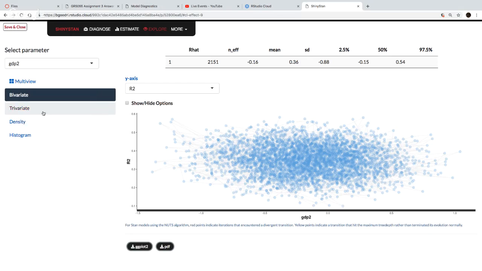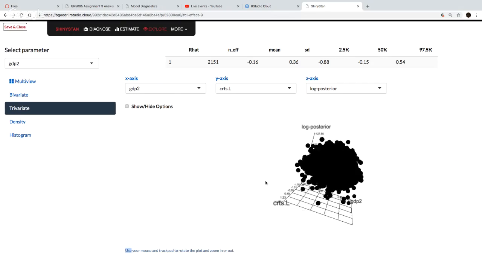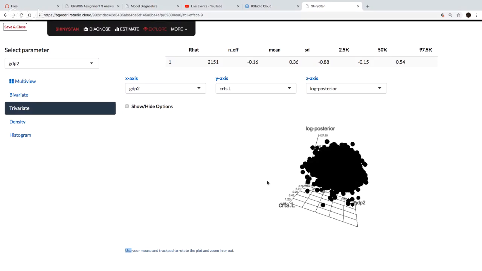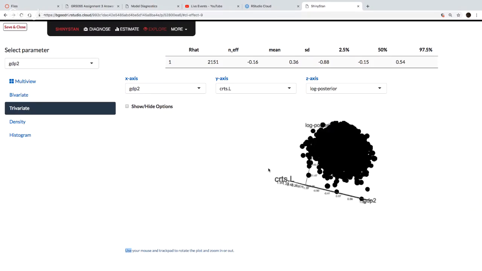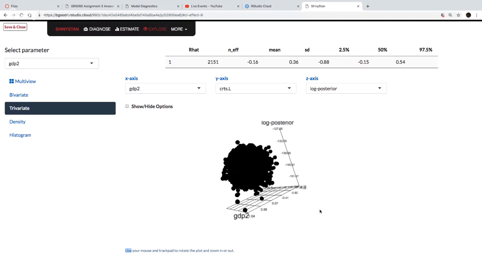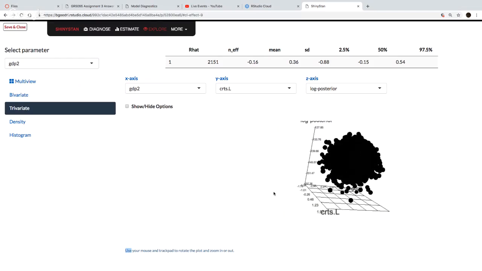We can even see the trivariate distribution. This is going to be some WebGL business. Anyway, you can turn this thing around to get a better look at it. But in this case, it's just kind of a blob. But at least you know it's a blob.